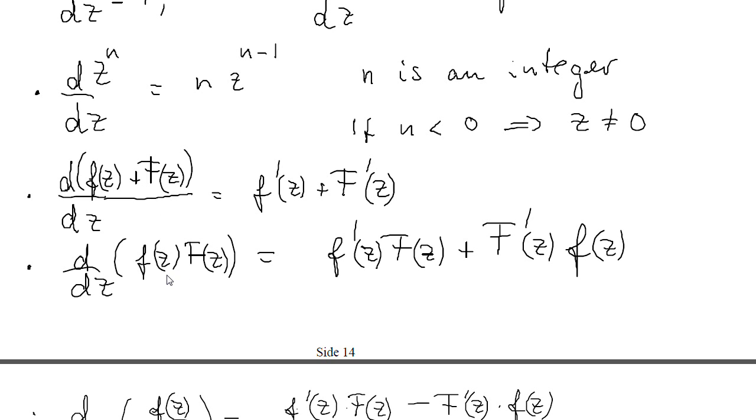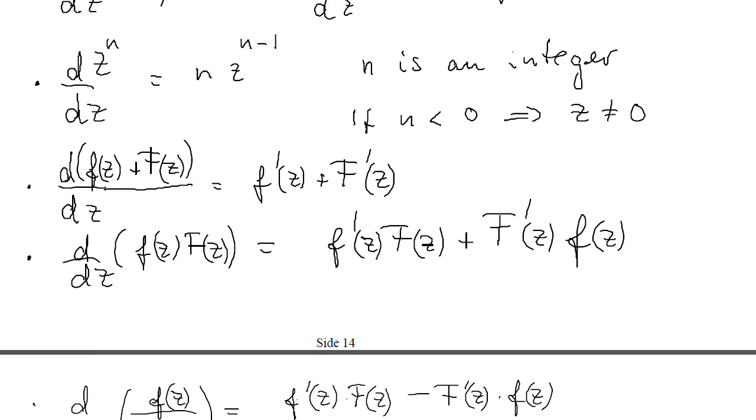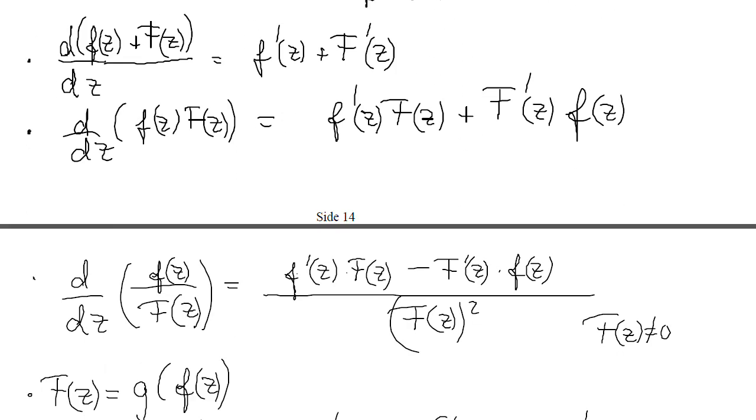Similarly, for a product, the derivative of a product of two functions is, as in the real case, the derivative of the first function multiplied with the second function plus the derivative of the second function multiplied with the first. Exactly the same rules as in the real case.